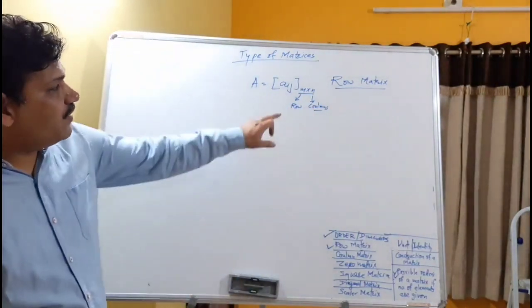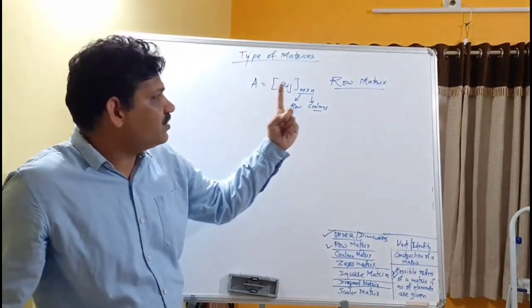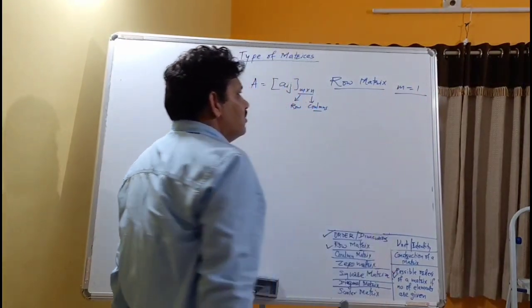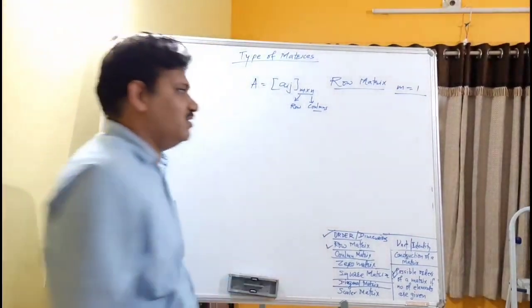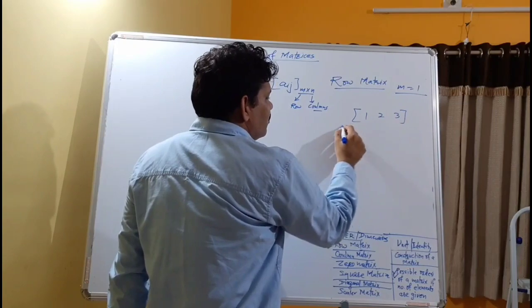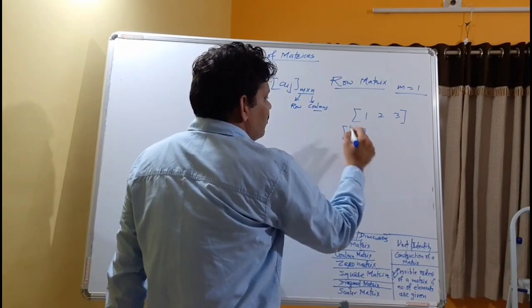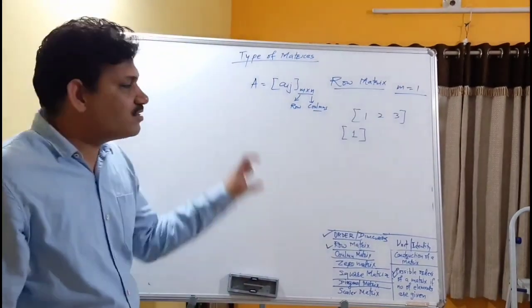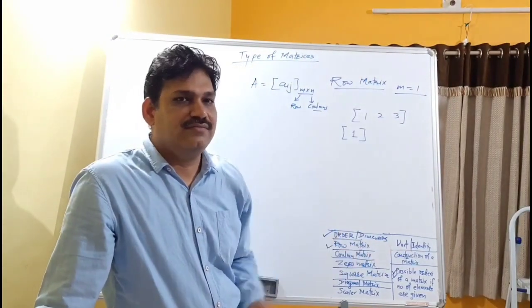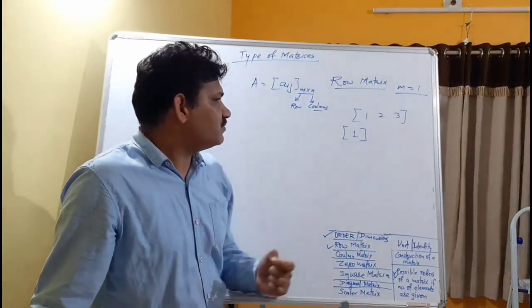So if in a matrix there is only one row, that is if m is equal to 1, then the matrix is known as a row matrix. For example, [1 2 3], or simply [1], or any matrix which has only one row, that is a row matrix.